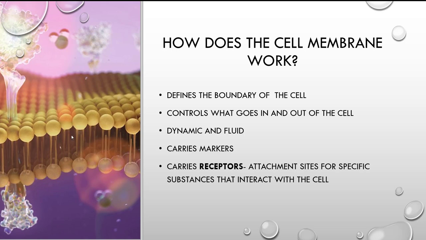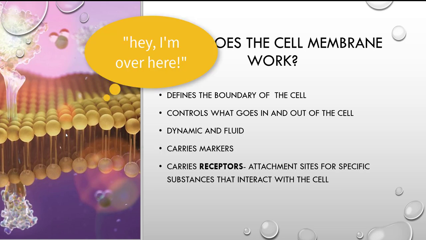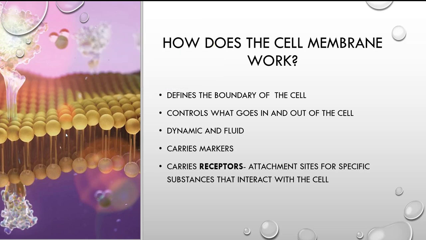And it also carries markers, okay? This allows cells to be able to recognize one another. We talked last week in topic 2 that cells need to be able to attach to one another, okay?